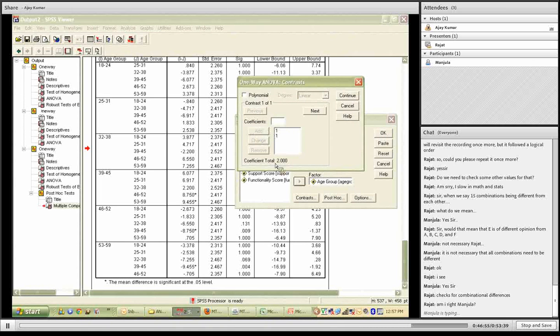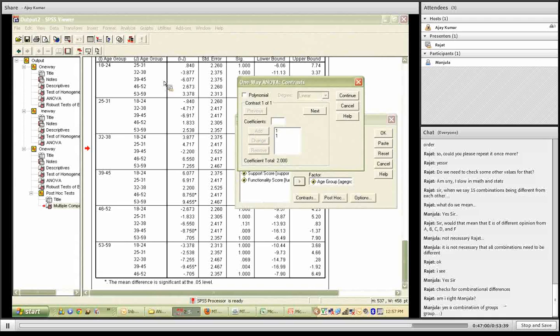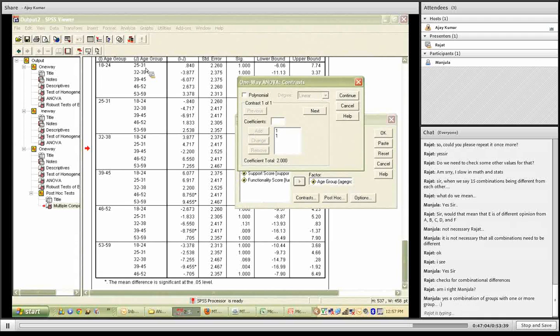Have a look at this and always keep it in mind. This is 2 now. I was trying to make one group of these two groups up to 31. So I have given 1 to the group 18 to 24 and 1 to the group 25 to 31. I was trying to compare it with these last two groups.